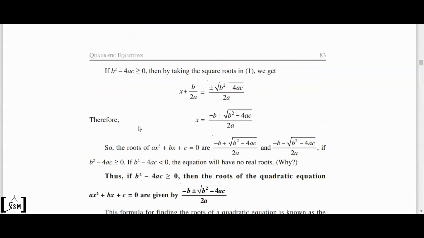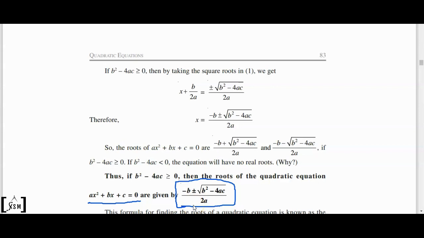You can see here the quadratic formula is given to us. This is the third method we are learning to solve a quadratic equation. The value of x is minus b plus minus square root of b square minus 4ac over 2a. Now we'll learn from where this formula comes.